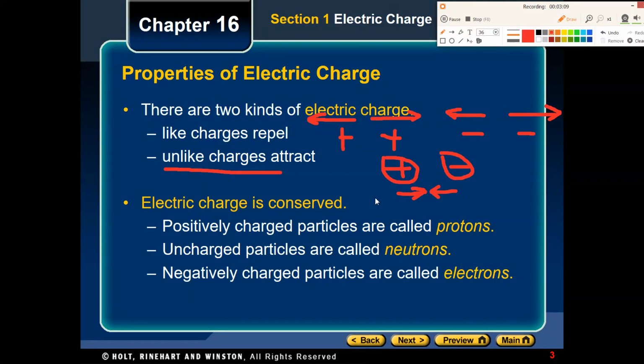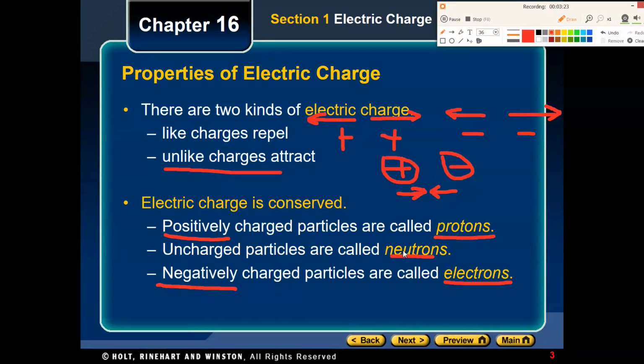If you take chemistry, or I think probably you learned from middle school science, in an atom there are protons, neutrons, and electrons. Protons are positive charge, electrons are negative charge, and neutrons, by the name, mean neutral, so they're uncharged. Those are the origin of charges.